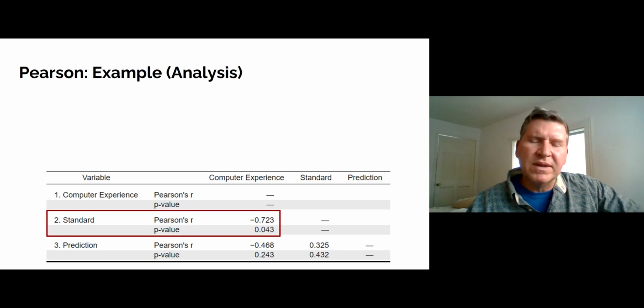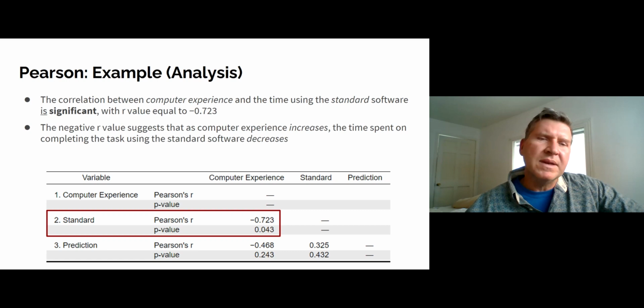The p-value is less than 0.05, so it's a significant value, and we can say that there is a relationship between the two. It's also negative, so that means that as the computer experience increases, meaning as the time that somebody's used a computer increases, the amount of time it's necessary to complete the task decreases.